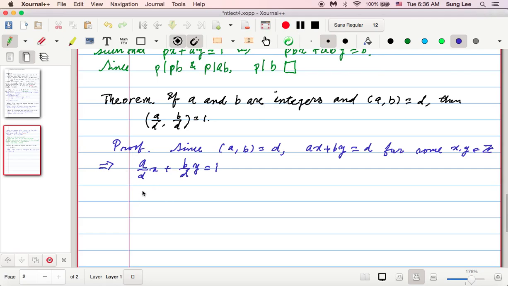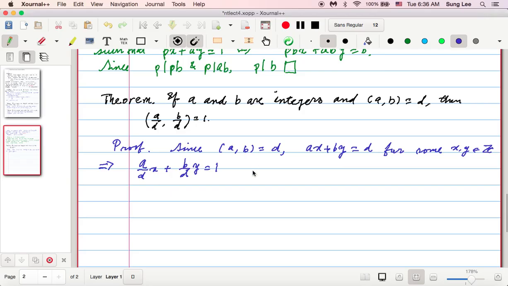Now this is a legitimate equation because D is the greatest common divisor of A and B, so it is a common divisor of A and B. A divided by D is an integer, and B divided by D is another integer. That's what I mean by a legitimate equation.